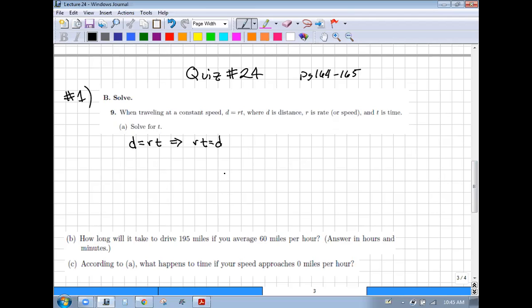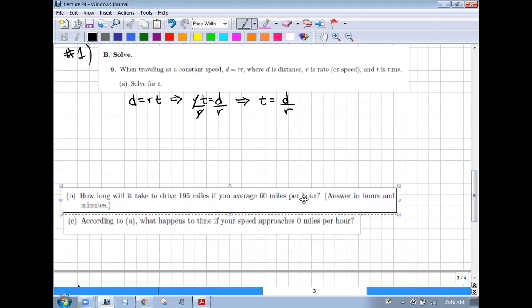All we're doing is switching both sides. Divide both sides by R. So T is D over R. The distance divided by your speed gives you your time. All right, that one's easy.